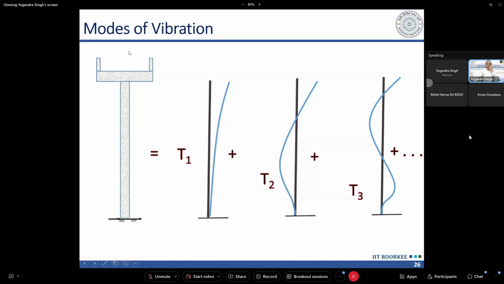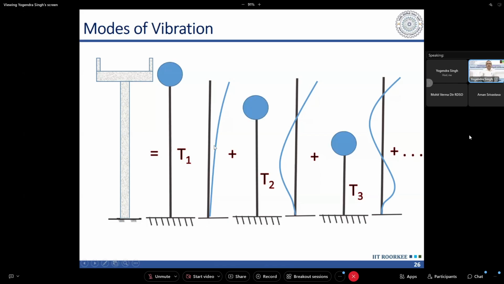The response of the actual structure is the response in all these modes. The response in these different modes is superimposed during earthquake, and then we get the response of the structure. One very convenient and computationally efficient method is where we analyze the structure as a number of single degree of freedom systems in different modes.